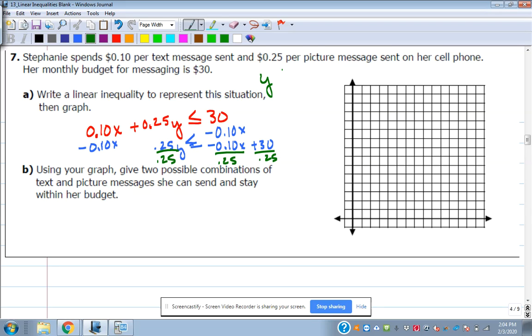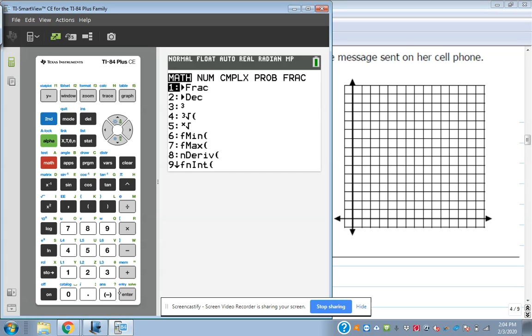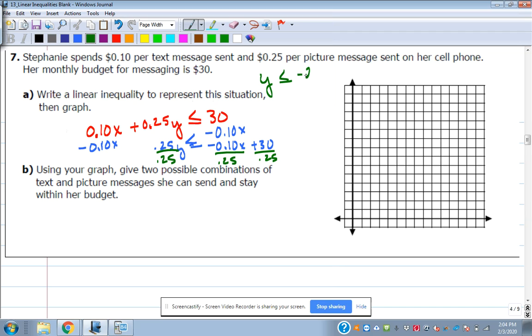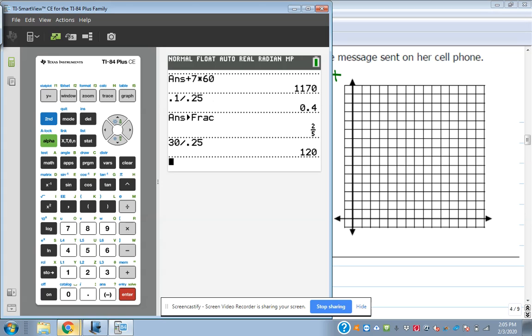So that gives y is less than or equal to, and then I don't know, 0.1 divided by 0.25. Math, enter. 2/5. So that'd be negative 2/5 x plus, and then 30 divided by 0.25. 120.